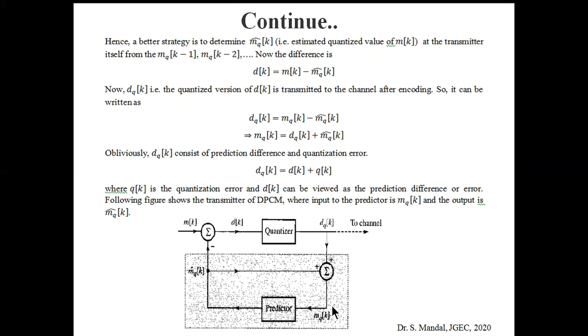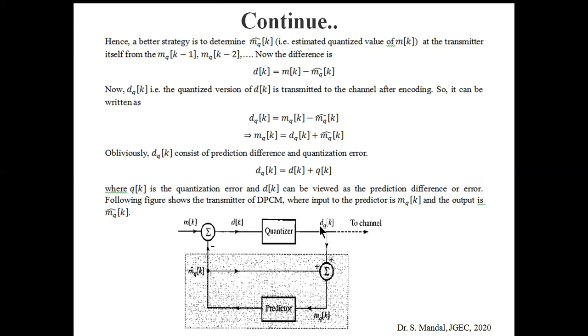Okay, now how can we get mqk cap? Basically this is some kind of feedback system. If you give this value to the predictor, where the previous output values are also stored, we can get mqk cap, the predicted value. So mk is the original signal, mqk cap is the quantized predicted value. The difference between them is the difference signal, and if it is passed through the quantizer, it will become the quantized difference signal.